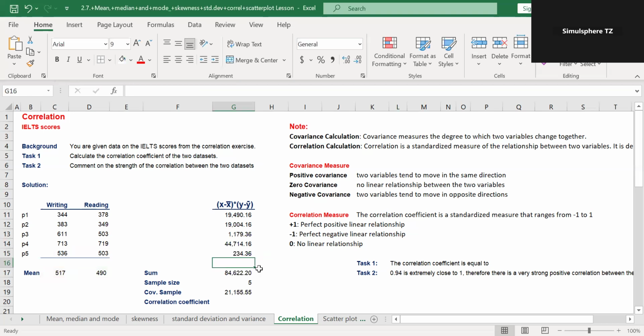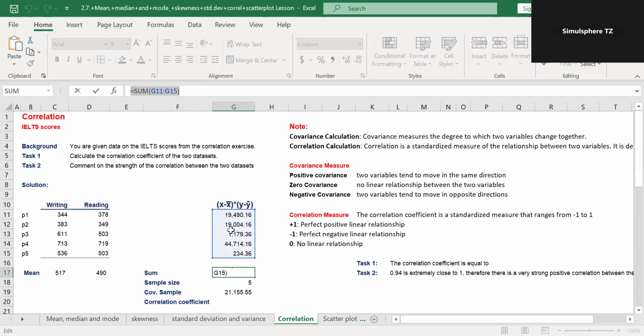All right, so we've successfully calculated our deviation for all of our samples. The next thing we need to do is calculate the sum of all of our deviations. To do that, you simply use the sum function right here to highlight all of these values, and then you get your value.